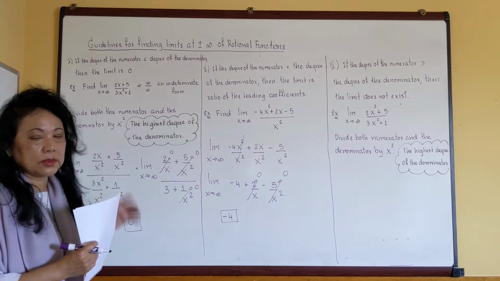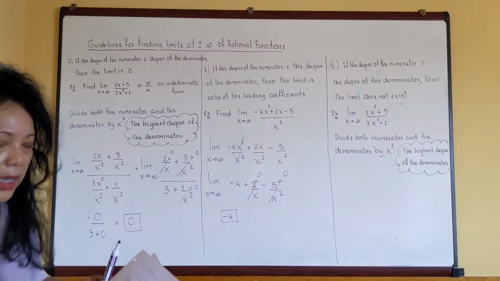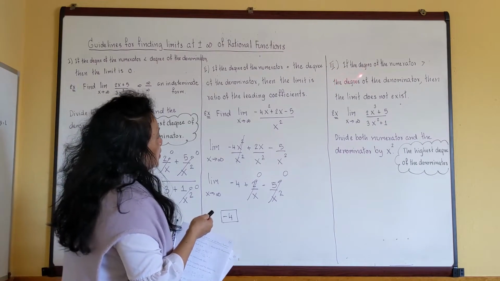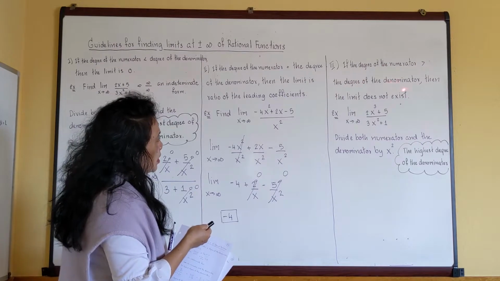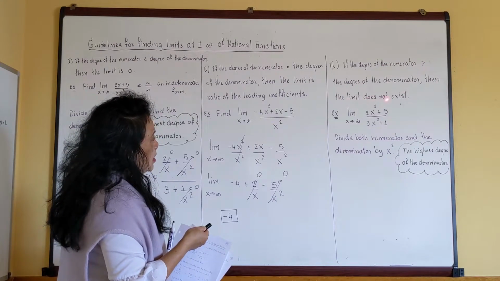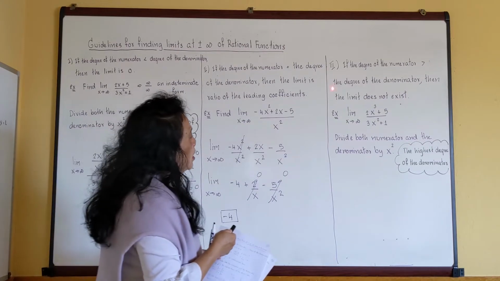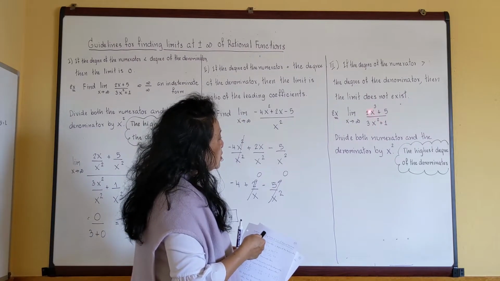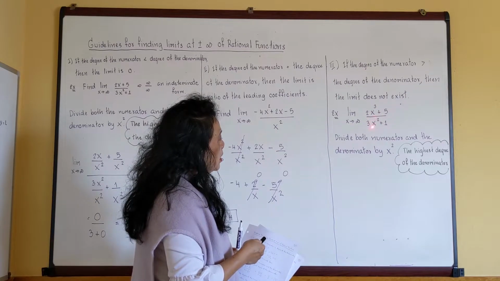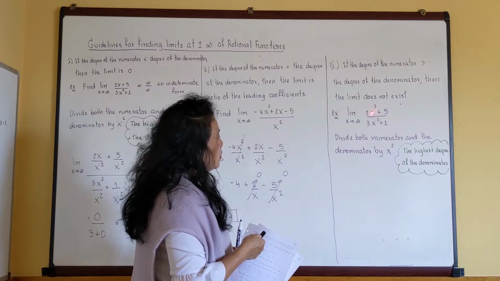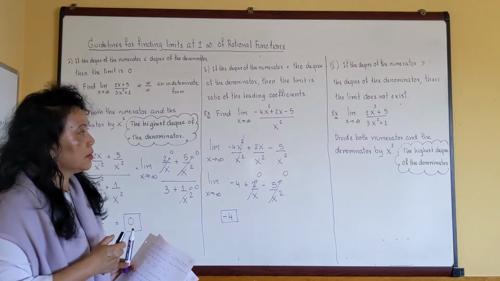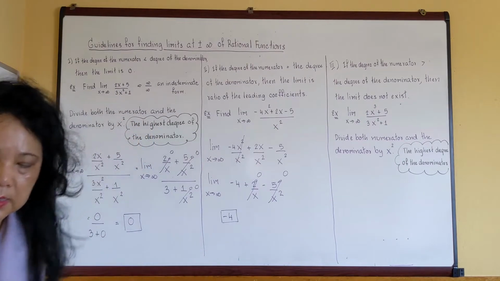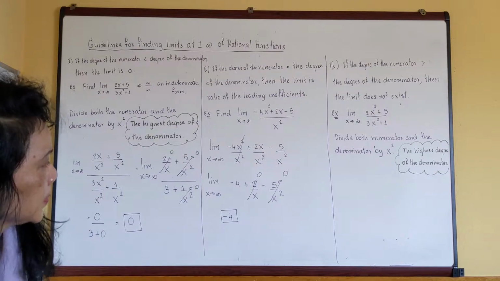Let's look at the third guideline here. If the degree of the numerator is greater than the degree of the denominator, then the limit does not exist. Okay, look at this rational function. The numerator has degree 3, the denominator has degree 2. So the degree of the numerator is bigger than the degree of the denominator. Then the limit does not exist. Let's do this example.